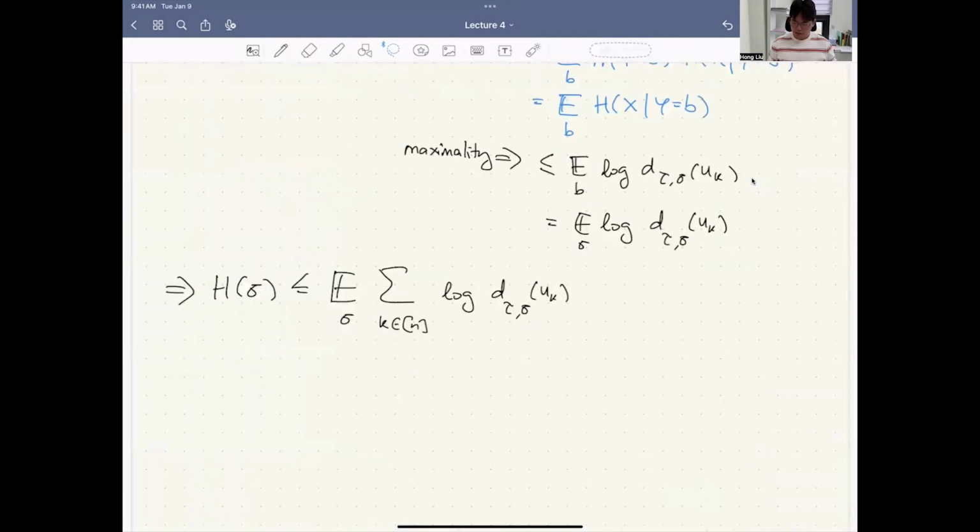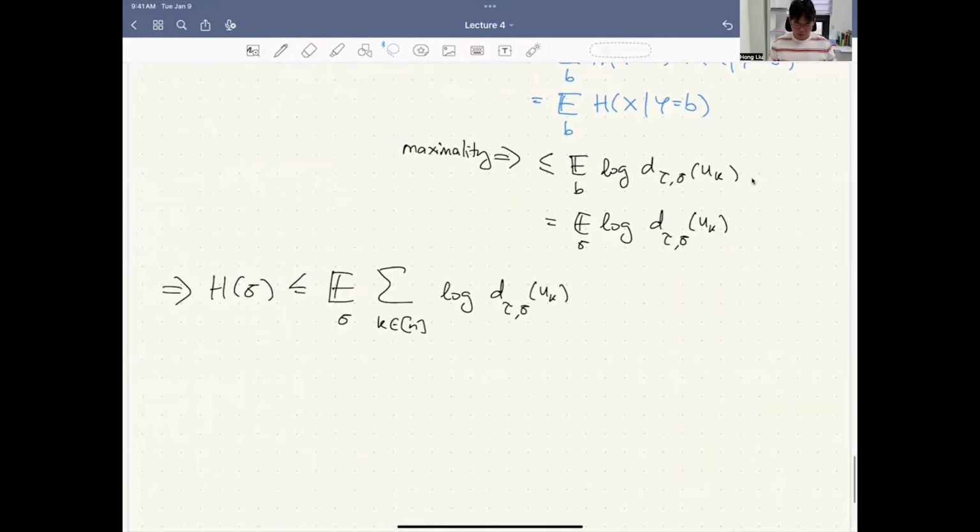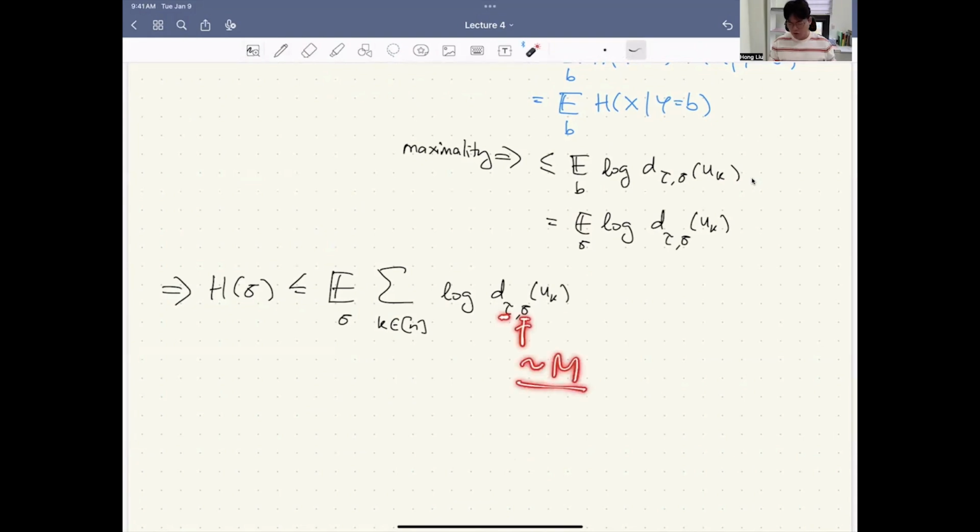Now we need to estimate this. The problem is that if we fix tau, when sigma is uniformly randomly chosen from the set of all perfect matchings, we cannot get a control on this number of unused neighbors. It's very hard to analyze.